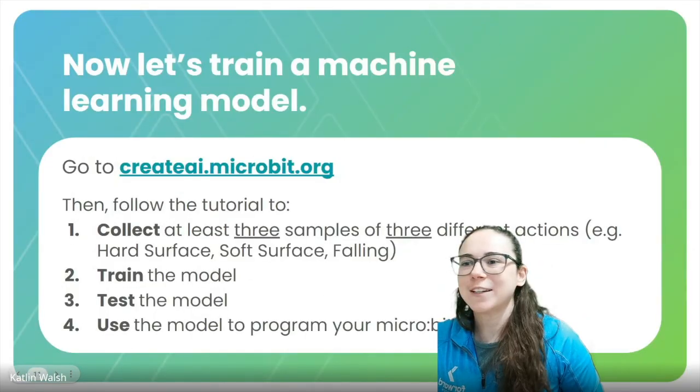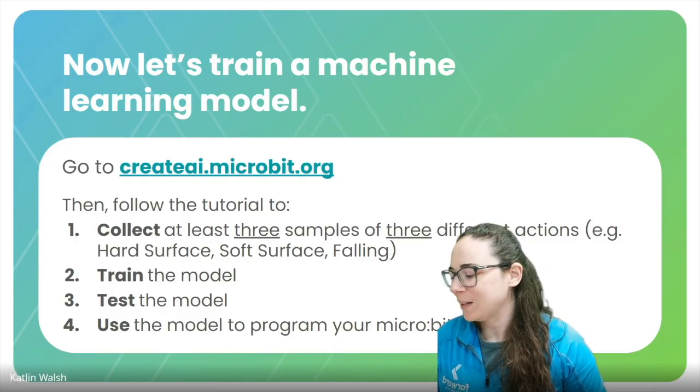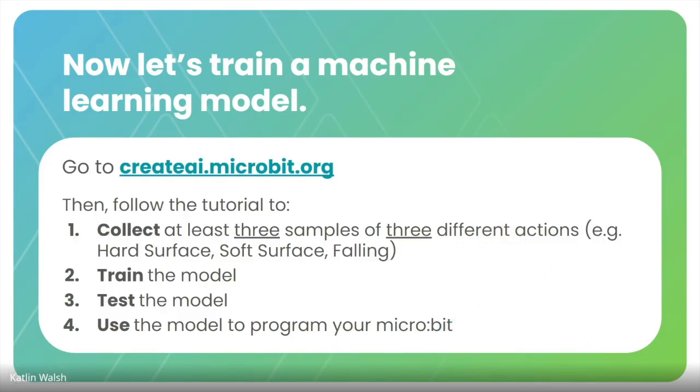Okay, so we're ready to train our machine learning model. Our goals for today is we're going to go to createai.microbit.org. There is a link in the chat that you can go to and follow along. And then we're going to collect 3 samples of 3 different actions. So for this session today, we're learning about forces. Newton's third law is that we have equal and opposite reactions on an action.